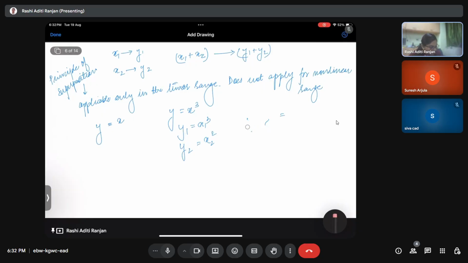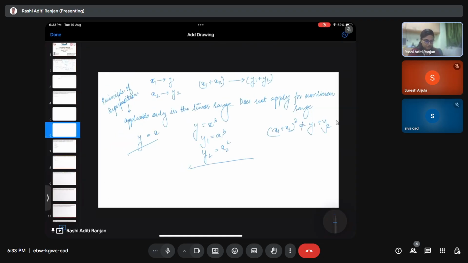If I take x1 plus x2 whole cube, it is not equal to y1 plus y2. So this is for a nonlinear system, while this is for a linear one. Okay, so the principle of superposition is applicable to the linear system. However, for this course, we are working only in the linear range, so it will work, but just keep in mind that this is applicable for the linear range, that this has a limitation of being applied on a system.